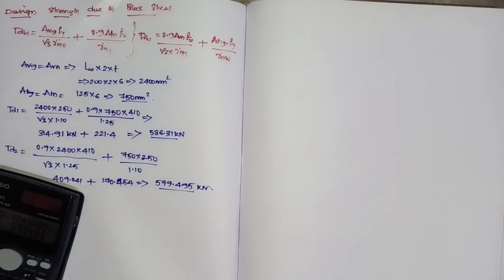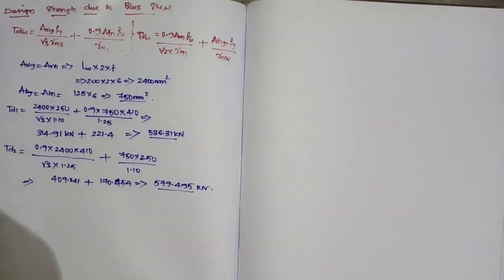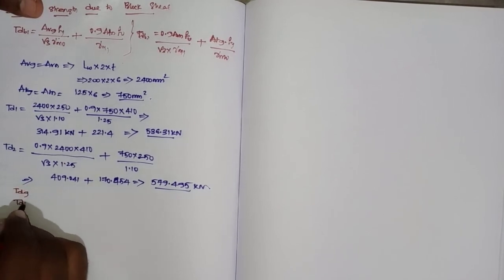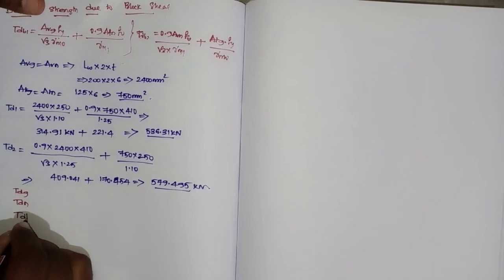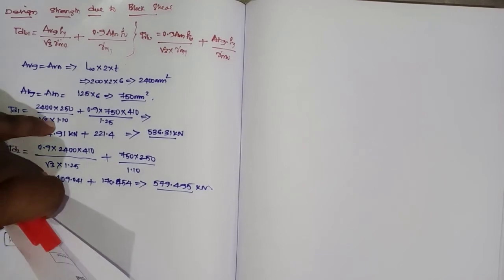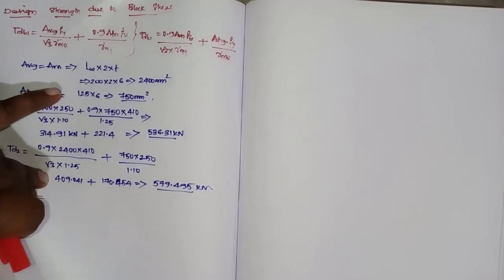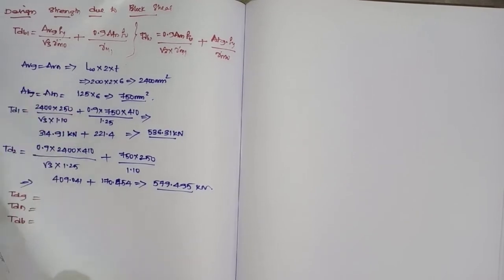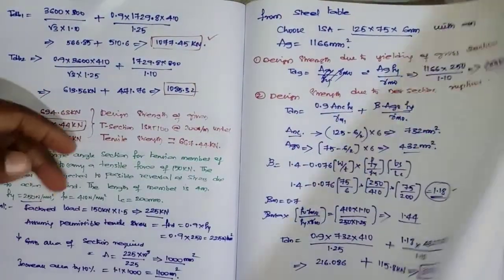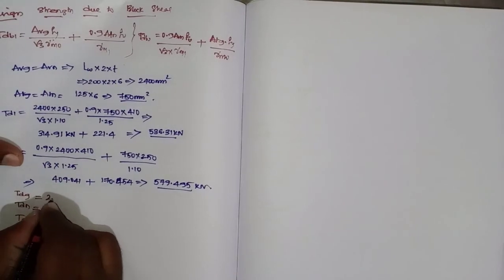Now we'll summarize all the values of TDG, TDN and TDB. While summarizing, if you look back at your previous two calculations, area under gross is 265 kilonewtons.